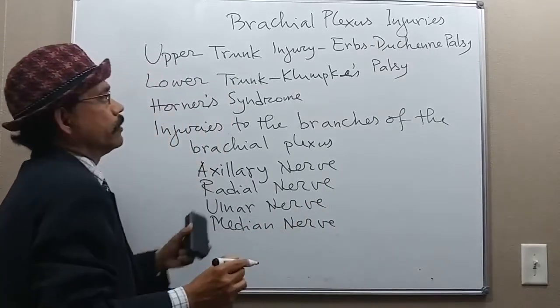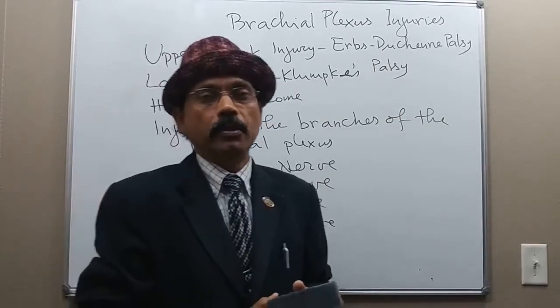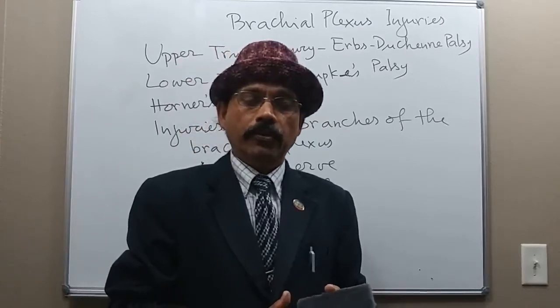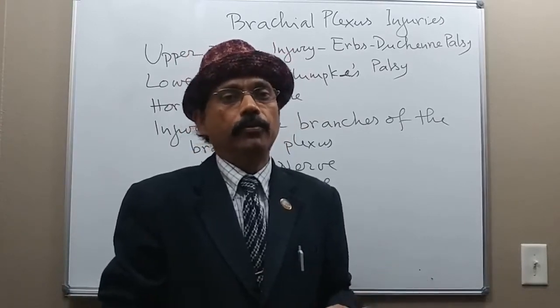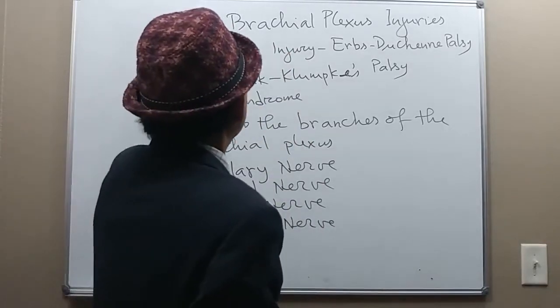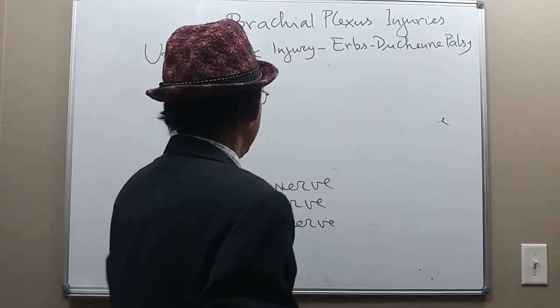Any part of the brachial plexus may be injured depending on the type of trauma, accident or violence. So let's start from upper trunk injury or Erb-Duchenne paralysis.